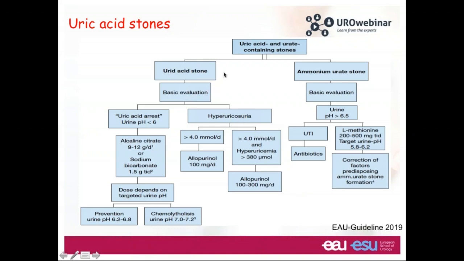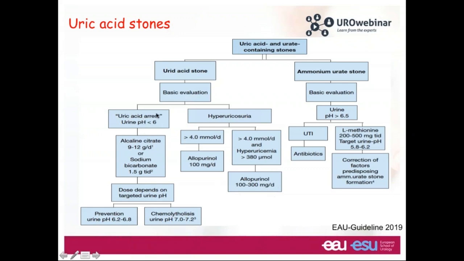If the patient has a uric acid stone, following the basic evaluation, if the patient is hyperuricosuric, depending on the level of uric acid they have in their 24-hour urine collection, or depending on the level of uric acid they have in their blood, you can give allopurinol at a low dose or at a higher dose.